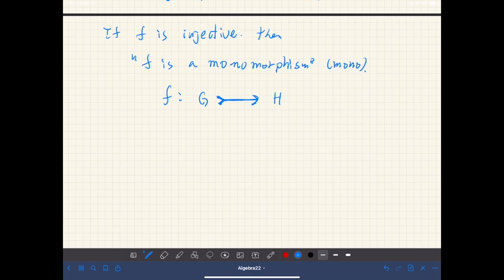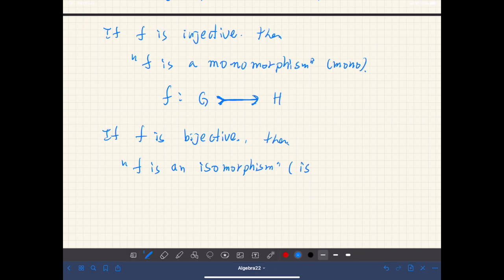And if F is bijective, so that means it's both surjective and injective, then we say F is an isomorphism, or sometimes we call it iso.